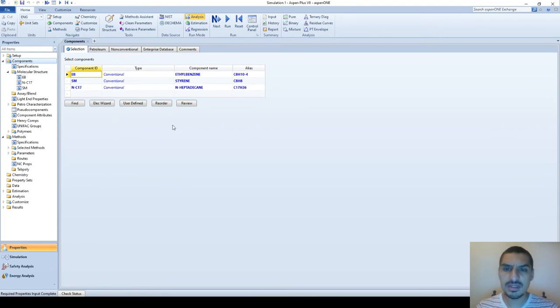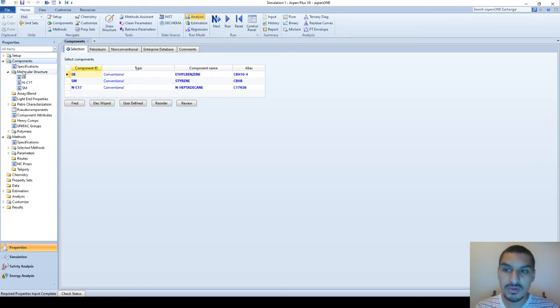The first thing is that I have already defined all the components: the ethyl benzene, styrene, and heptadecane. There is one other thing that's important. In some cases, like this, we have the component name and we don't know its molecular structure, so we cannot tell if it is polar or non-polar, so we can consider whether this is a chemical system or hydrocarbon system, the type of components we have.